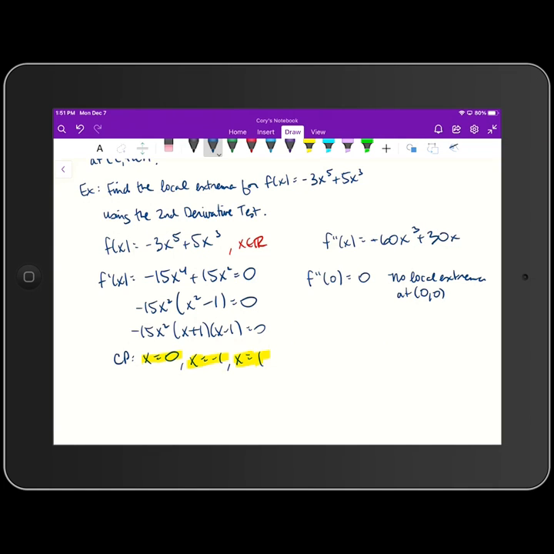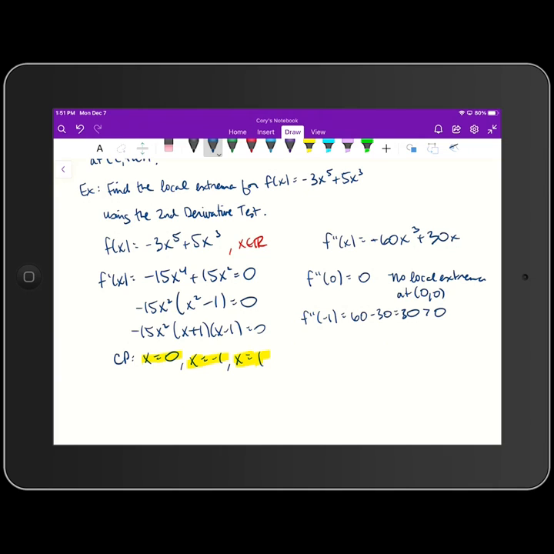I want to evaluate f double prime at negative 1 next. When I evaluate f double prime at negative 1, that becomes 60 minus 30, which is equal to 30, which means f double prime is greater than 0. So our function is concave up.